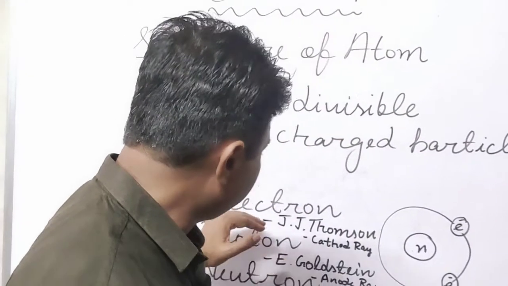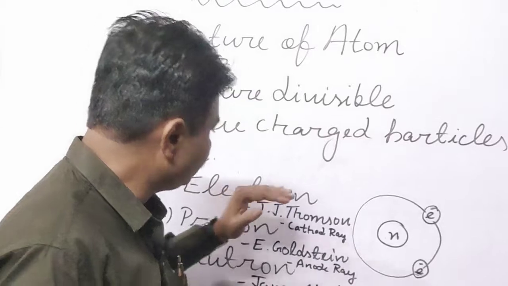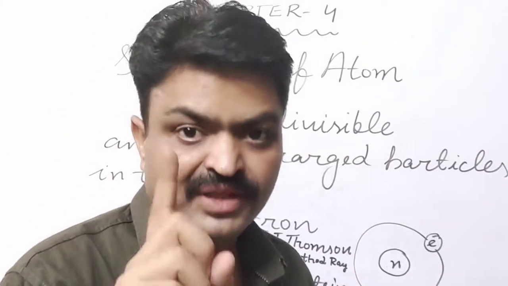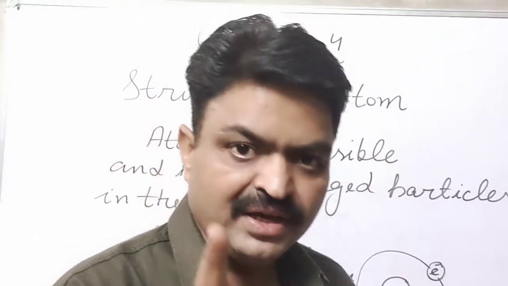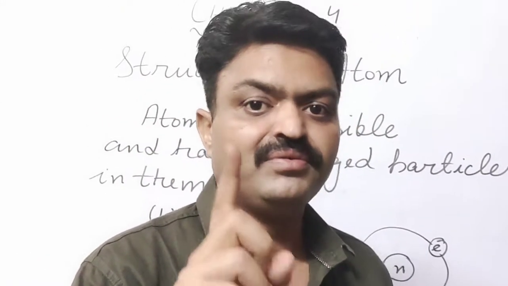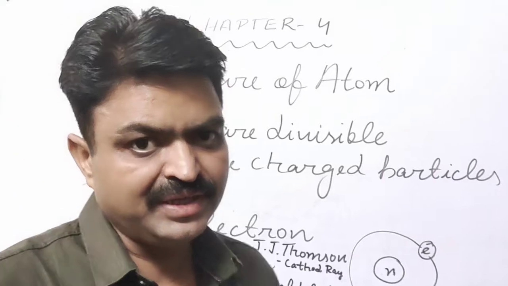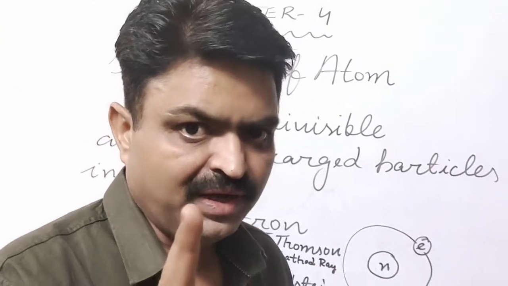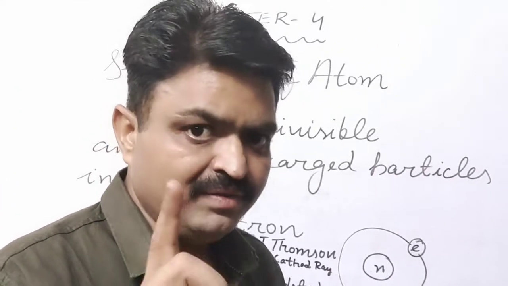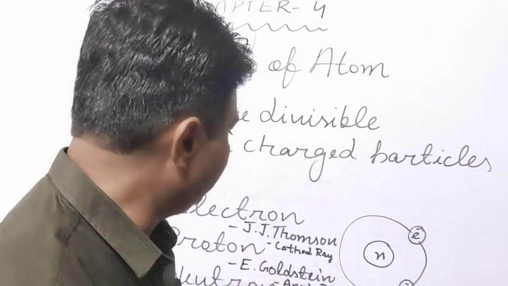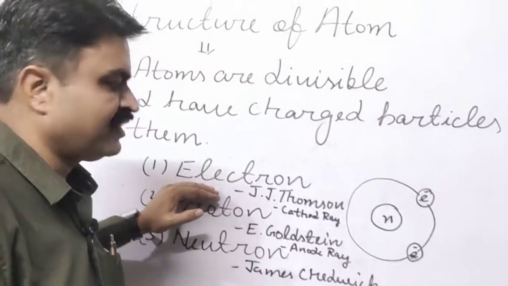So we can say that J.J. Thomson discovered the electron with the help of which rays, student? This you will learn: with the help of cathode rays. And the cathode rays give out negatively charged particles, and those negatively charged particles are known as electron.